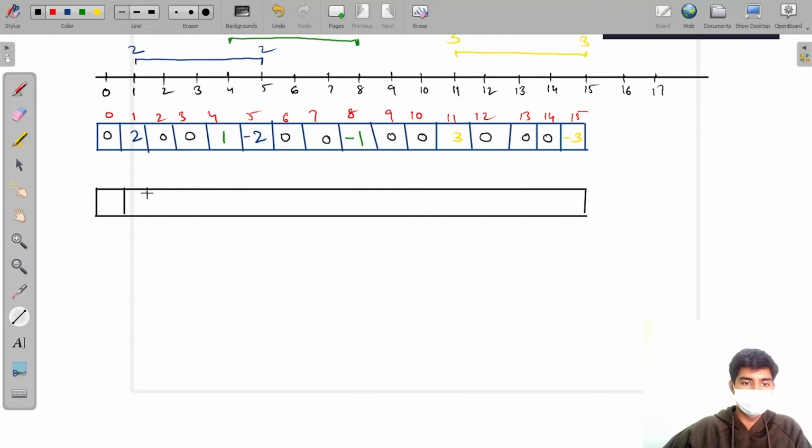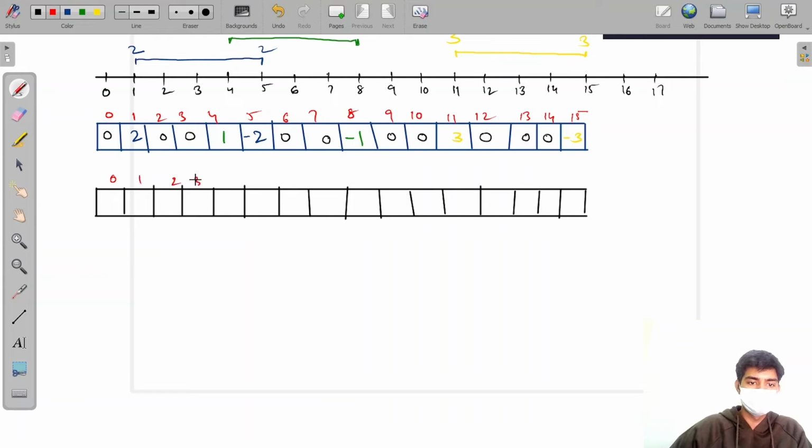This is this array only. This is not a new array. I'm just making the changes in the old array itself, but I'm reflecting them on this array so you can see what is actually happening.